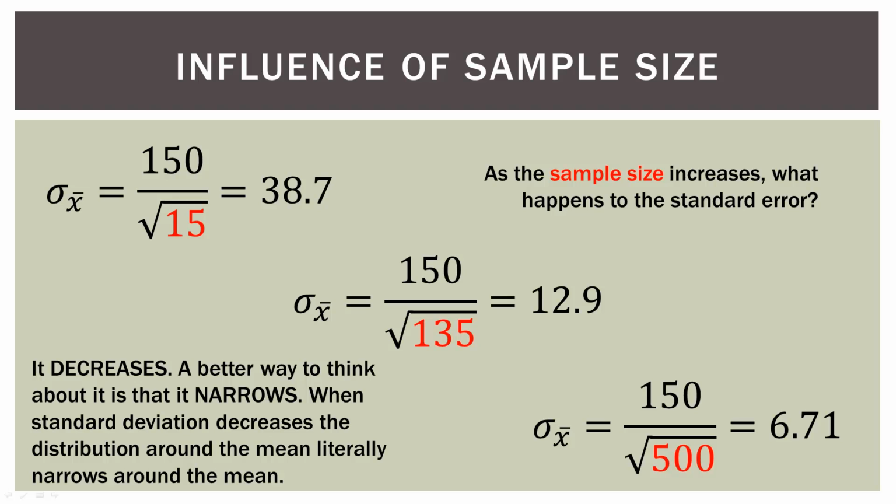So when the standard deviation decreases, the distribution literally narrows or squishes inward around the mean. So sample size is important because increasing it up to a certain point decreases the standard error. It decreases the standard deviation of the sampling distribution.